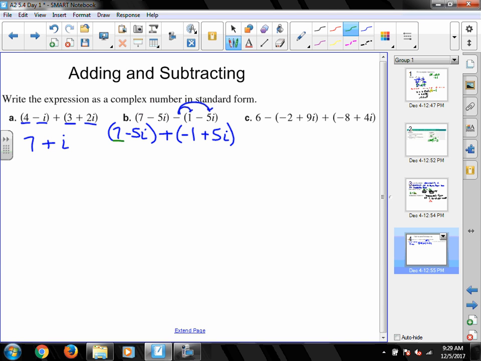You look at your 7 and your negative 1, you're going to get 6. Then you look at your negative 5i plus 5i. Well, those cancel out, so you get 0i. Multiplying by 0 still holds, so you just end up with the number 6. This is a complex number that when subtracted turns out to just be a real number.